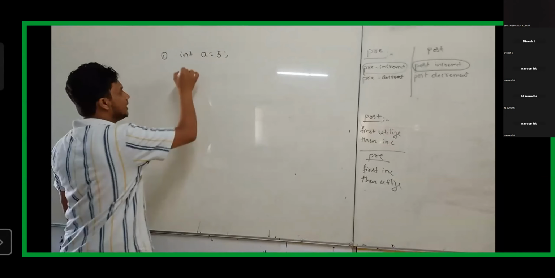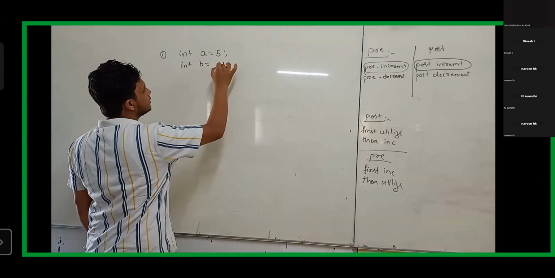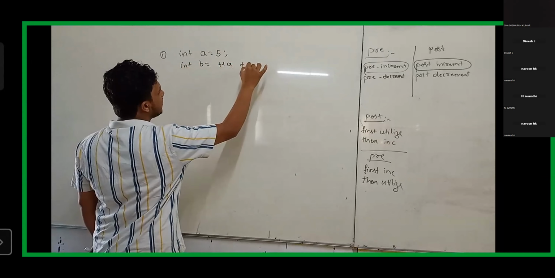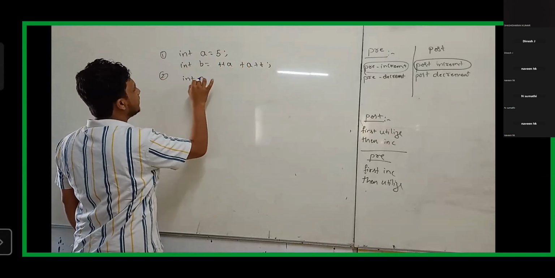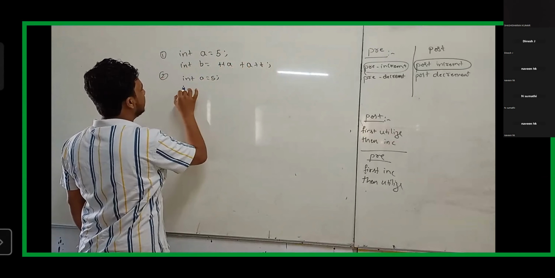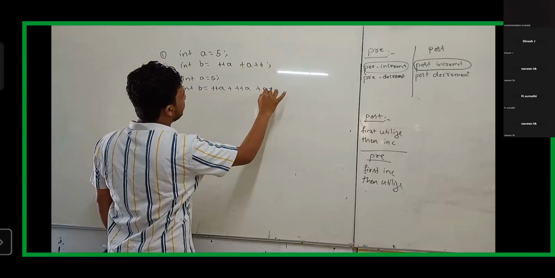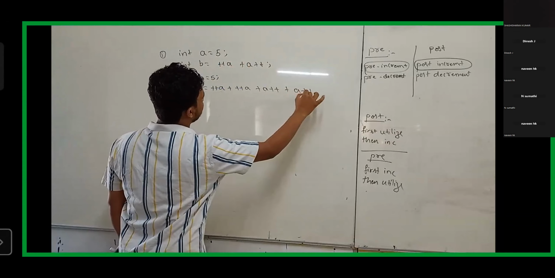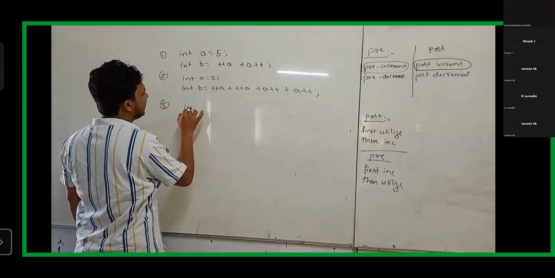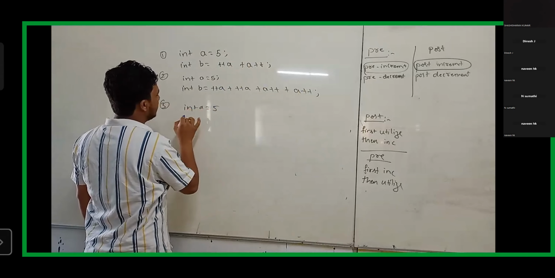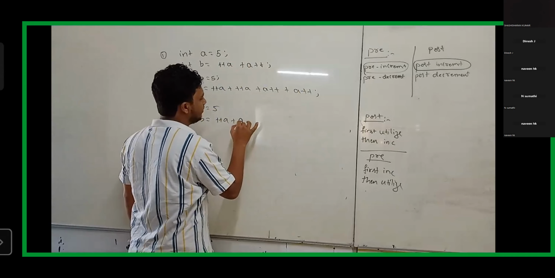First: int b is equal to ++a + a++. Second: int a is equal to 5, int b is equal to ++a + ++a + ++a + a++. Third: int a is equal to 5, and int b is equal to a longer combination of ++a and a++ operators.